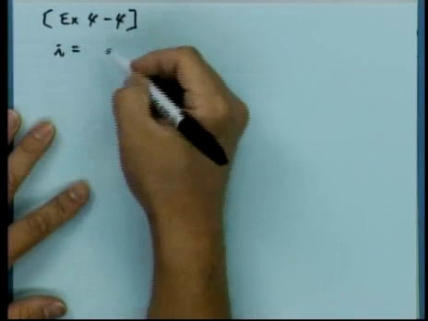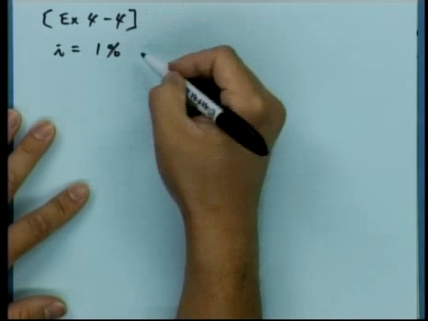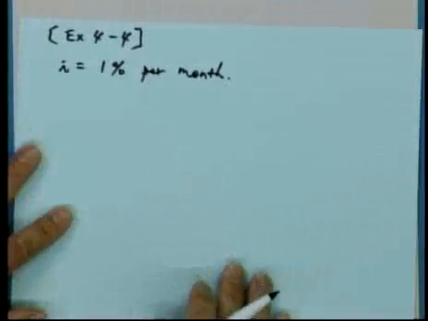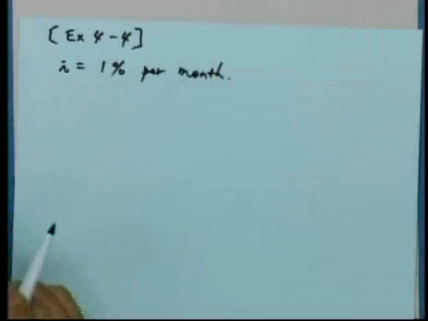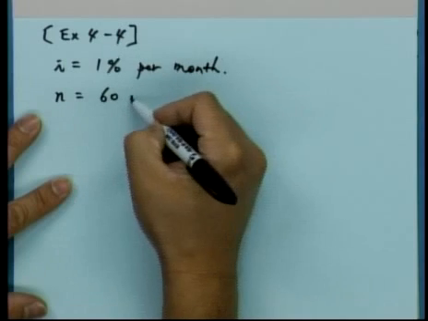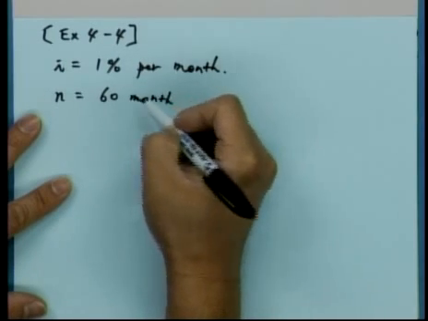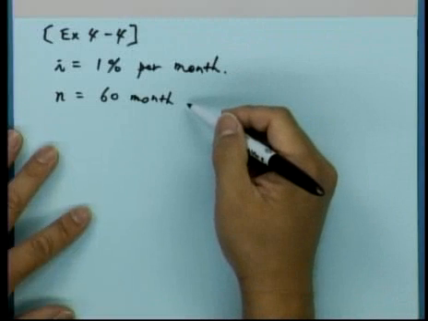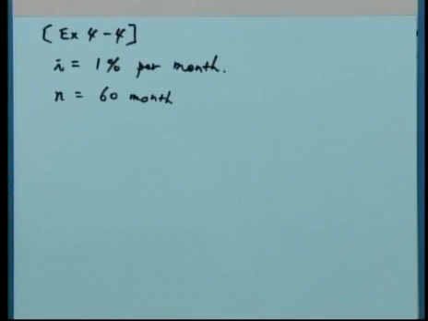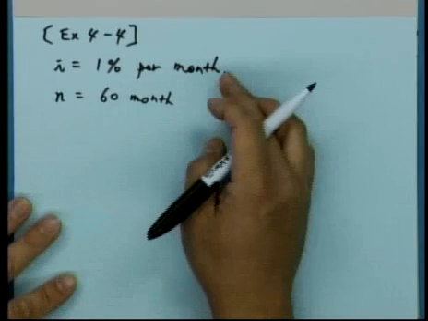So I is 1% per month, right? Not per year. And there are 60 months in 5 years, right? So the N becomes 60 months. And you remember both the interest rate and the number of interest periods must use the same period length, right?